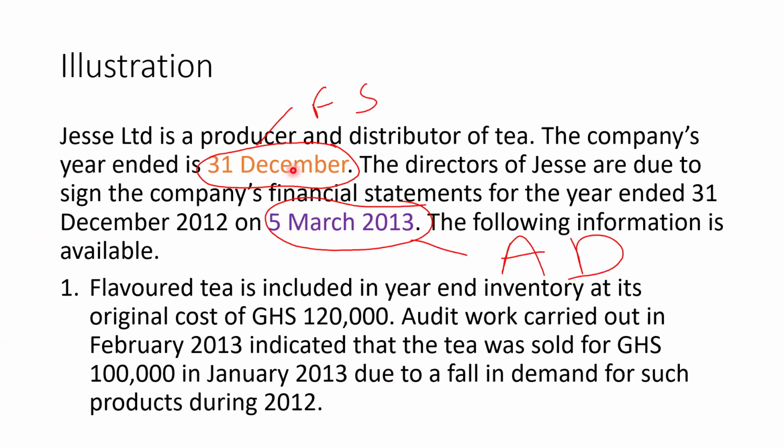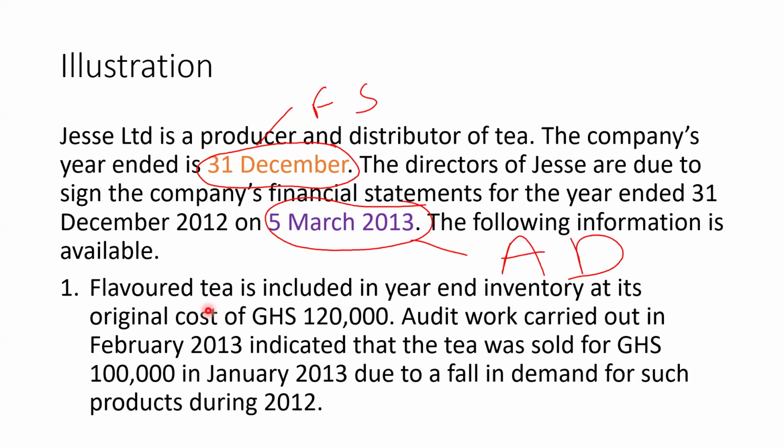Some people will analyze it and tell me it's an adjusting event. When I give you an event that occurred on 6 March, it doesn't fall within these two dates, so it can't be an event after reporting period. So take note.